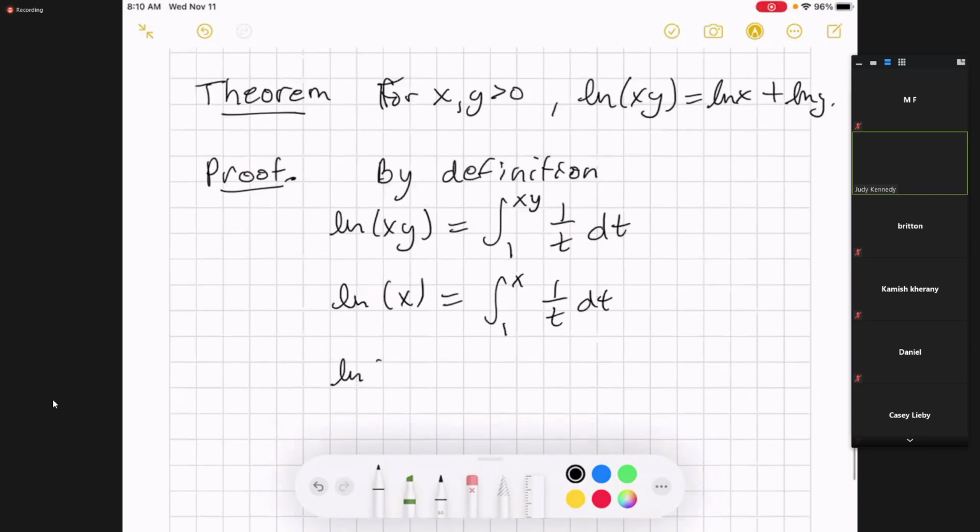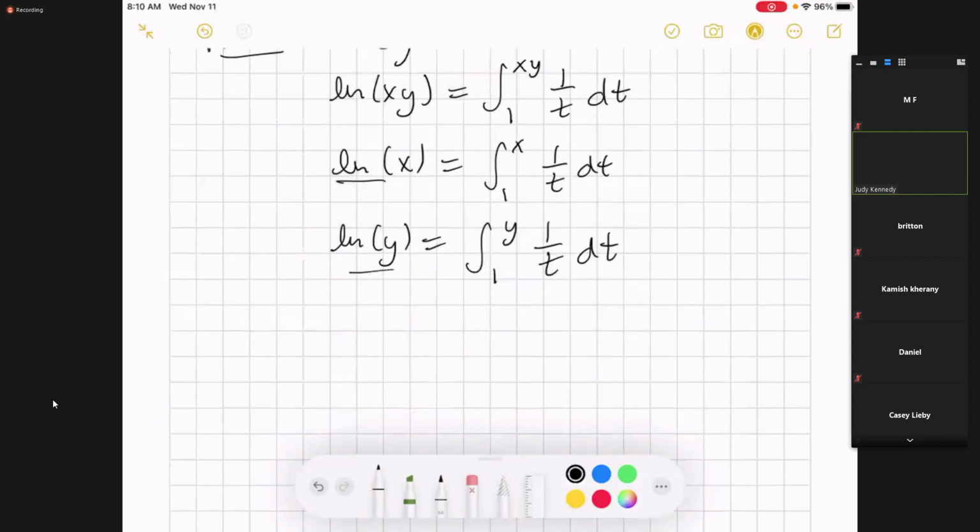And ln of y is the integral from 1 to y of 1 over t dt. So I want to show that ln of xy is the sum of these two numbers.